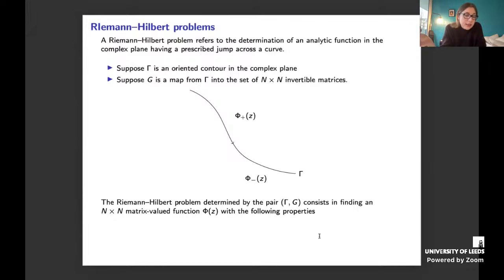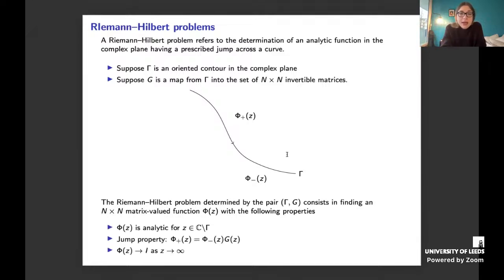And so the Riemann-Hilbert problem determined by gamma and G consists in finding an n times n matrix valued function phi, which has the following properties. The first property is that it's analytic everywhere but on the curve gamma. Then the limit phi minus, to the curve from the minus side, and the limit to the curve gamma from the plus side, called phi plus, are related by this G matrix.